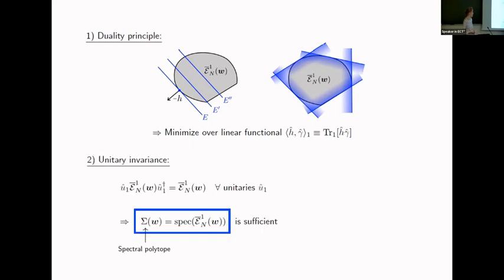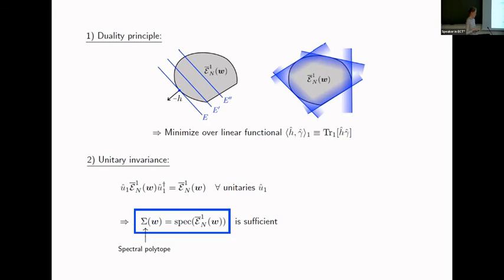The second important ingredient is unitary invariance. This just means that when I pick a 1RDM in this convex set E^1_N(W), and I apply a 1-particle unitary from left and right, then the new 1RDM will again be in the set. The reason for this is simply that on the N-particle level, E_N(W) is just constrained by the spectral constraint that when I order the spectrum decreasingly, it should be equal to the wave vector.